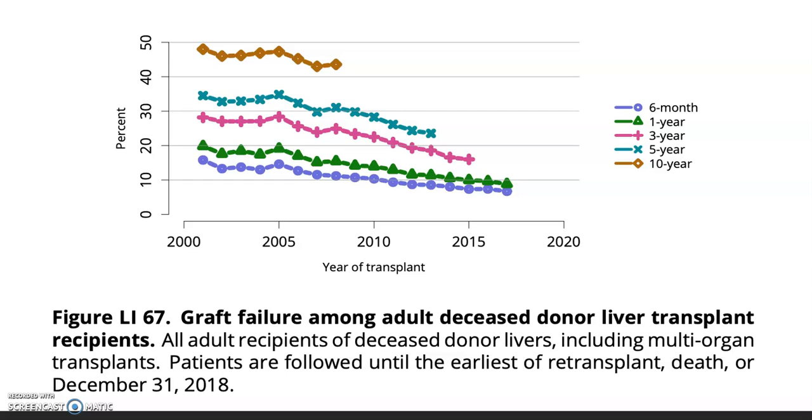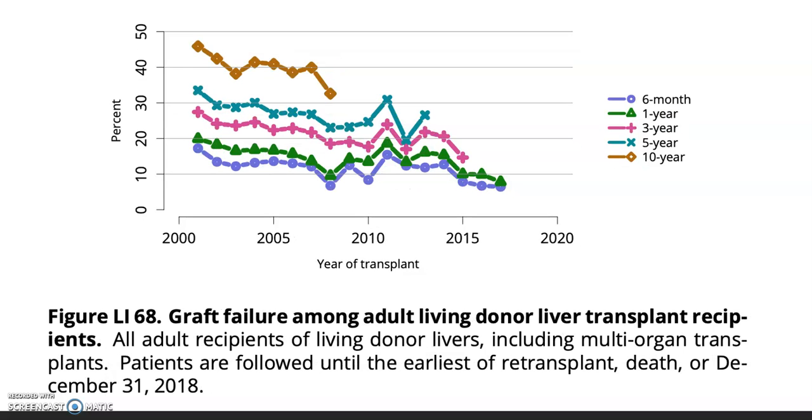This is probably due to better immunosuppression, which is prograf, better ICU and intraoperative care. Graft failure among adult living donor liver transplant recipients, and you can see the same trends at 6 month, 1, 3, 5, and 10 years.